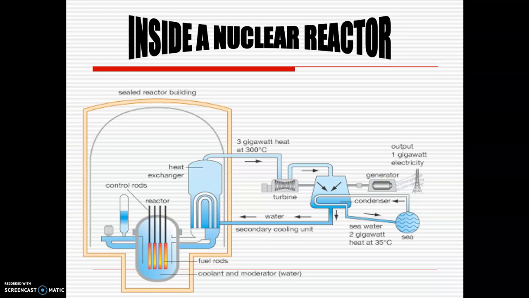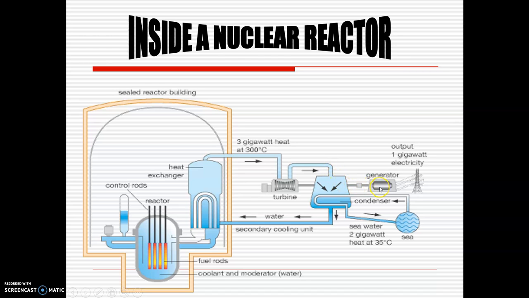Here's the inside of a nuclear reactor. This is what produces the electricity. Basically, you have your control rods, you have your reactor. You're heating up the water. Once again, the water gets turned to steam. Steam pushes a turbine.